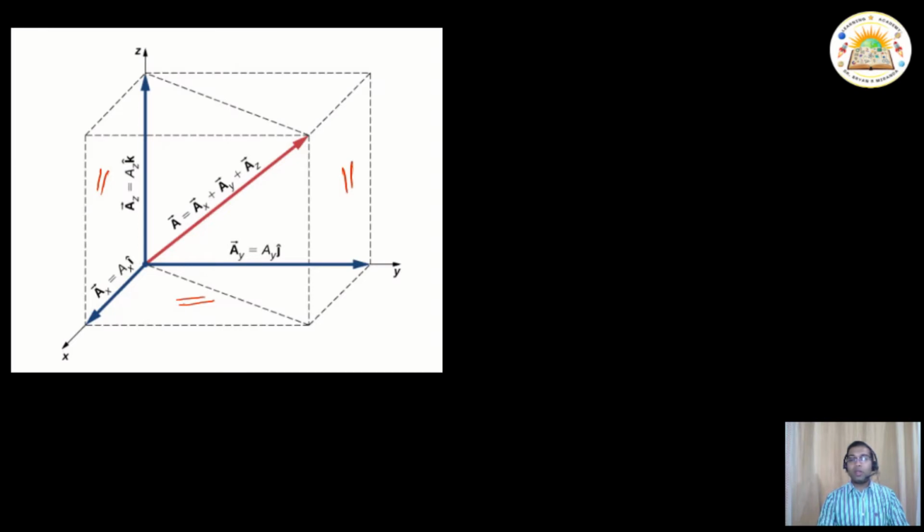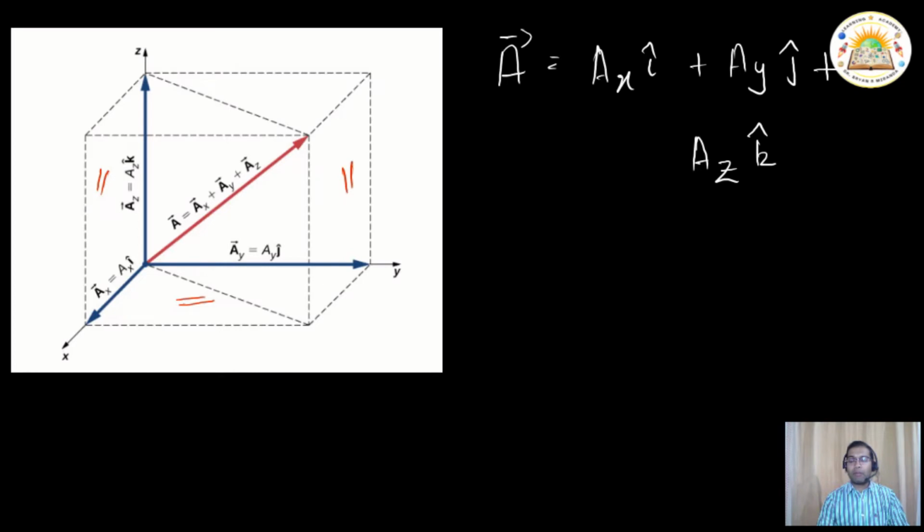Now, we can use the analogy of A vector as nothing but ax i cap plus ay j cap. We can just add another axis. So I can have az k cap, which is absolutely correct. There is nothing wrong with this. Because what we have done, our understanding in 2-dimension, we have extended it to 3-dimension. So this is absolutely correct.